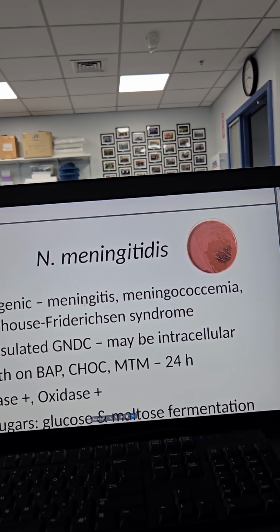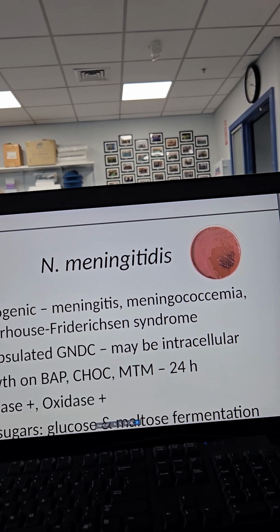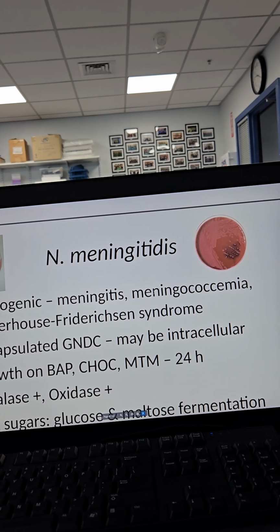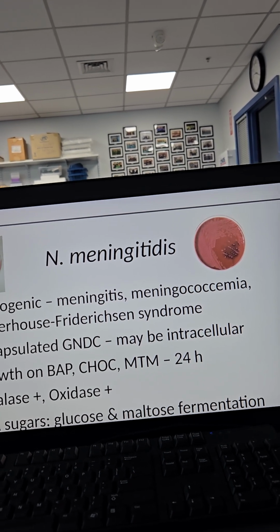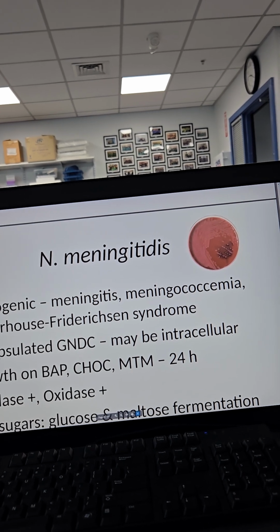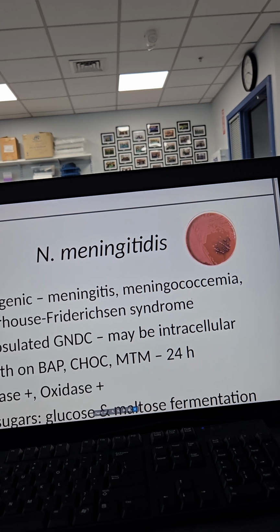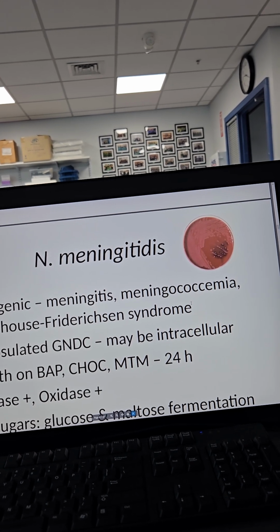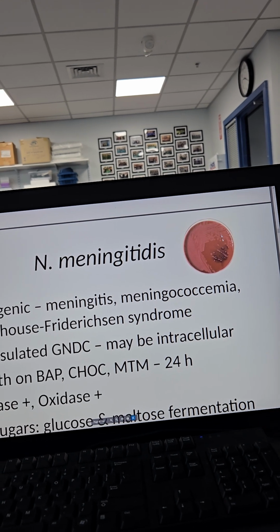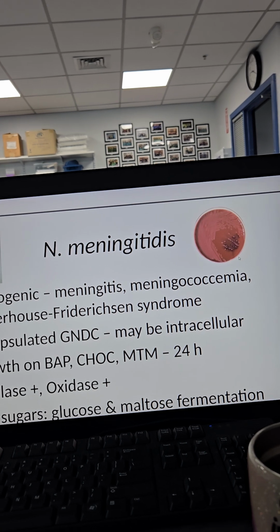So meningitis can hit hard, turn into meningococcemia very quickly, which can turn into Waterhouse-Friderichsen syndrome and kill you. This can all happen very quickly. Like, super quick. Day or two, done. Okay. So this is why we have meningococcal vaccines.